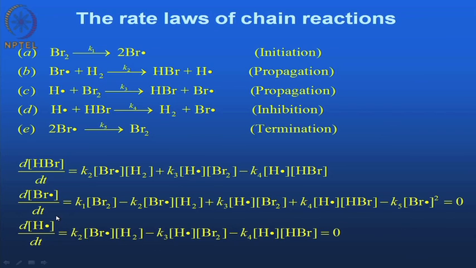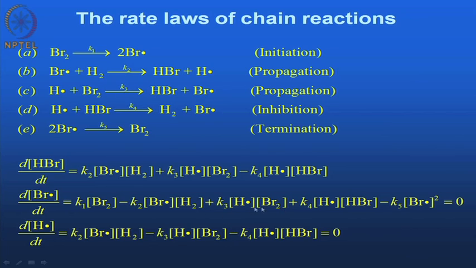How is this coming? It is d/dt of Br dot, the rate of formation of Br dot. This is the first step, so K1 Br2. Then K2 Br dot H2 with a negative sign, because this is used up. Then Br dot is produced, so it will be K3 H dot Br2.